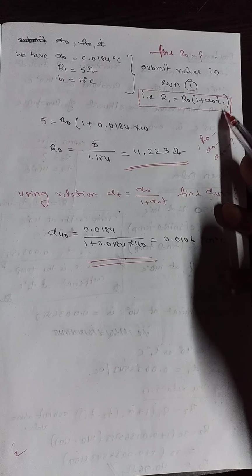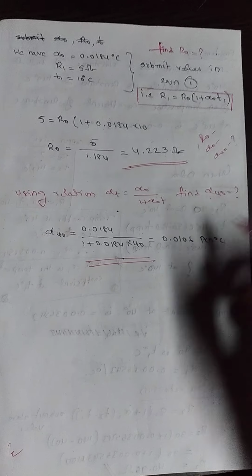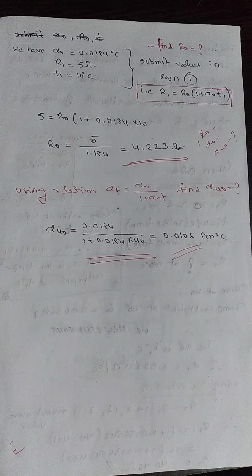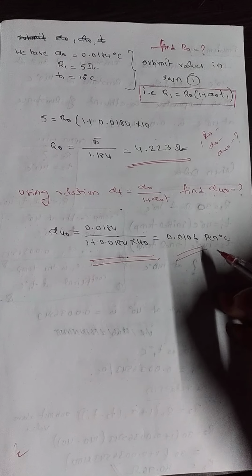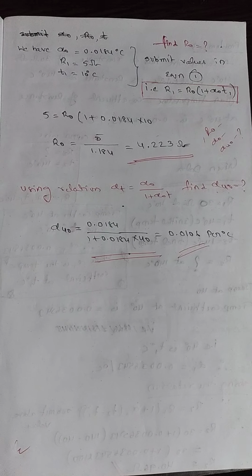In this case T1 is the initial temperature. If you substitute these values, the answer is 0.0106 per degree centigrade. Hope you understand this topic. Okay, thank you.